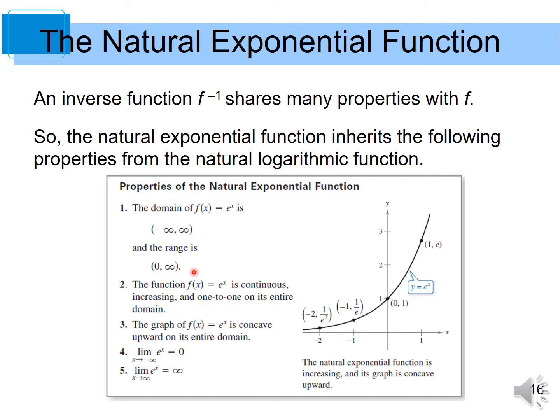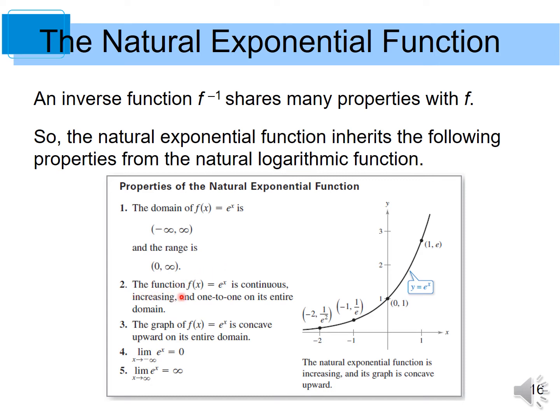Do you still remember the domain of the natural log function is from 0 to positive infinity, and the range of the natural log function is from negative infinity to positive infinity, right? Look at the second.